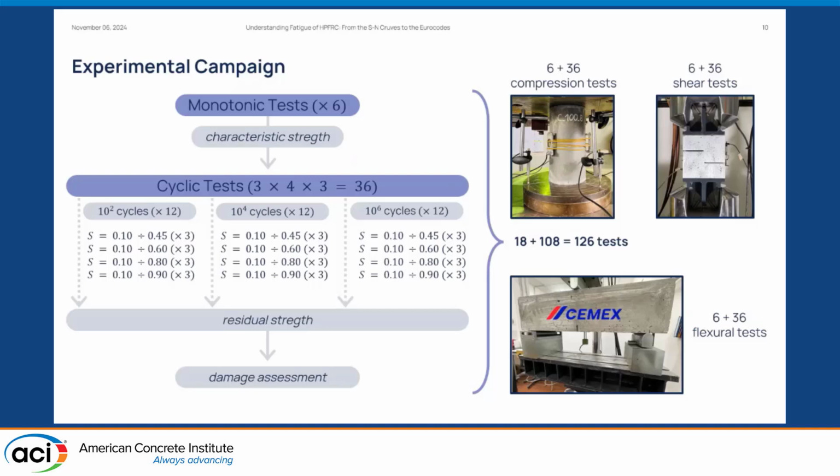We defined 4 upper load levels, 45%, 60, 80, and 90% with respect to the characteristic strength, for example, compressive strength for compression. And then we did tests up to 100, 10,000, and 1 million cycles. For the tests that did not fail during cycling, we then proceeded to perform monotonic tests to obtain residual strength and try to assess the damage during cycles.